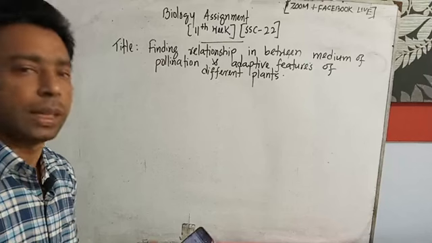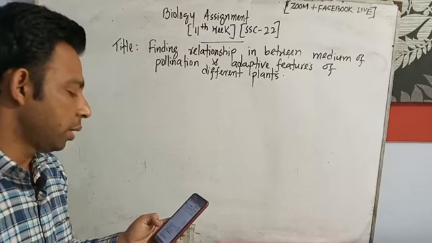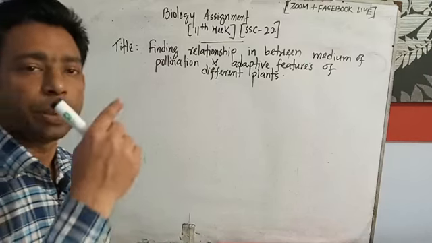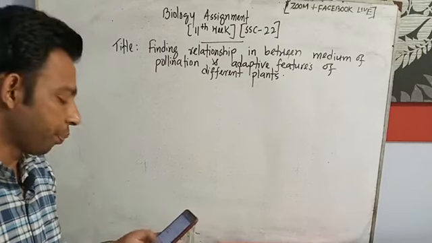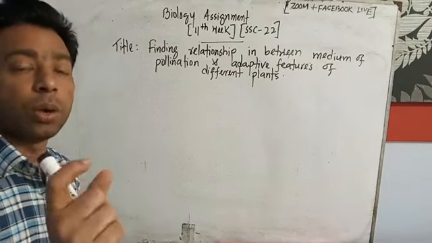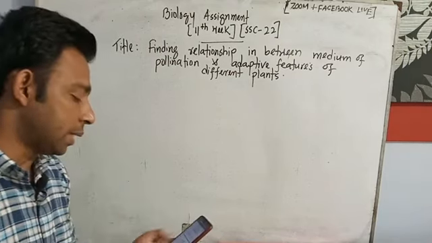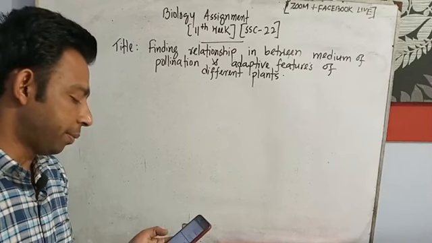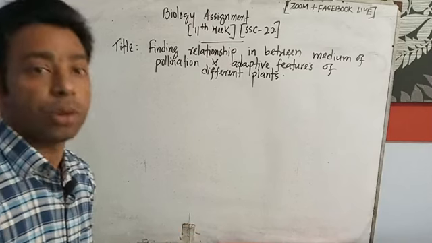A chart is given there, and we will go through the chart for getting some tick marks and cross marks. We need to find out the 4 samples that are directly given in your assignment.